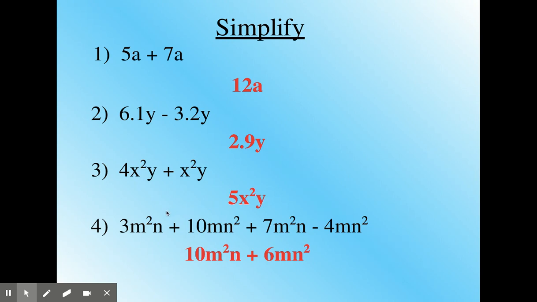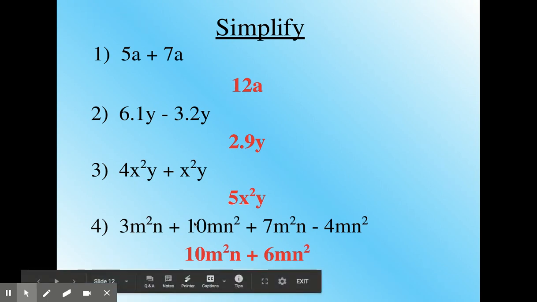You get that because this is a like term with this. So I do the 3 plus the 7, which gives me the 10m squared n. They share that exact same setup. And then this is a like term with this because they both have the n squared and no exponent with the m. So 10 minus the 4 leaves us with 6mn squared.